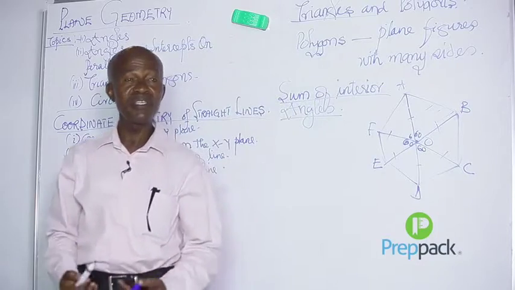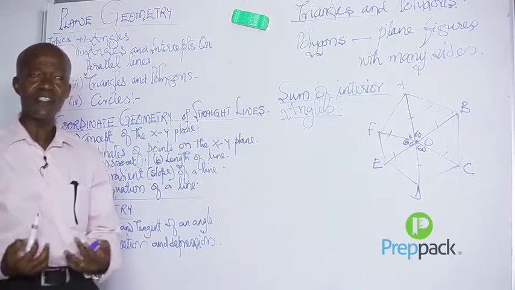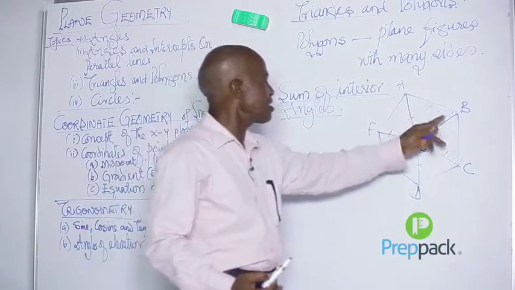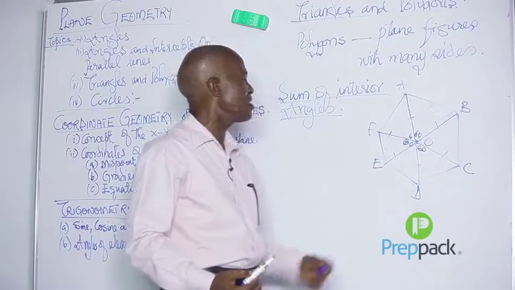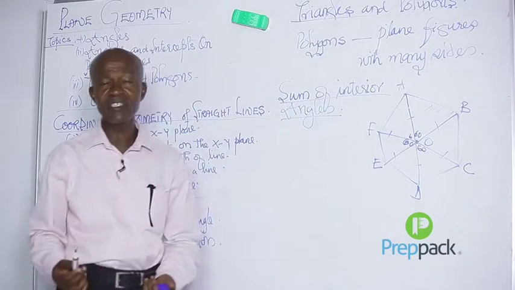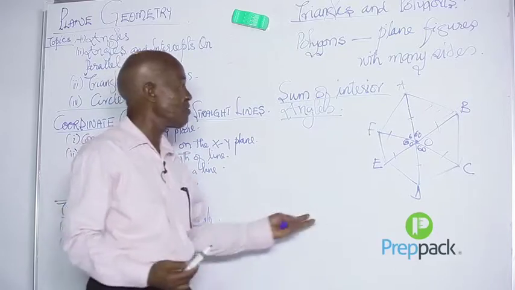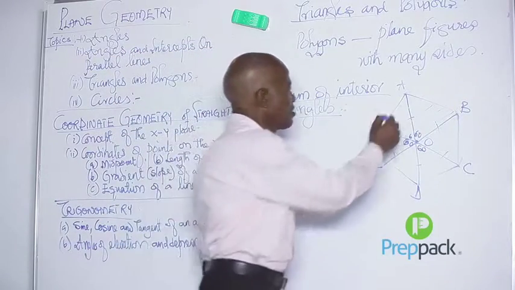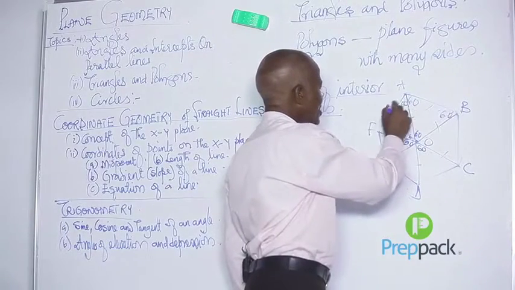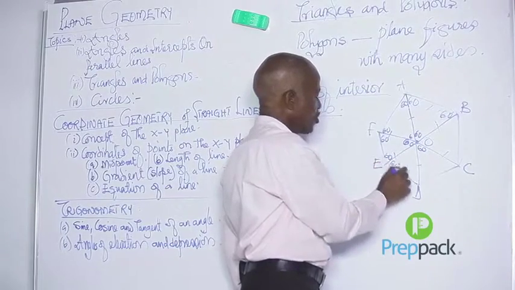If they are equal, and this is 60, then we have each of these triangles to be an isosceles triangle. If it is an isosceles triangle, then the base angles are equal. How do we find the base angle? The base angle, of course, becomes 180 minus 60, which gives us 120. 120 divided into 2 equal parts will give us each 60.